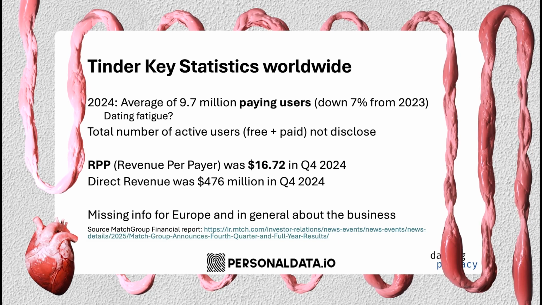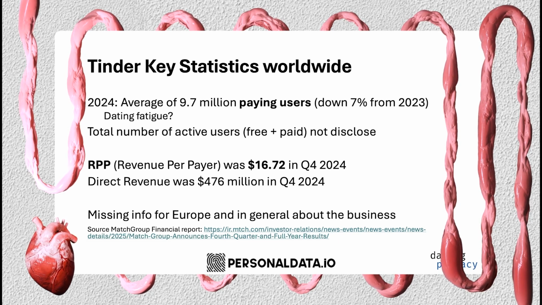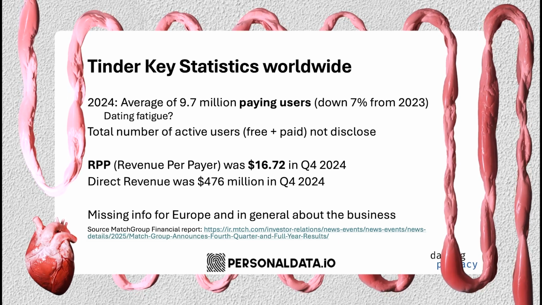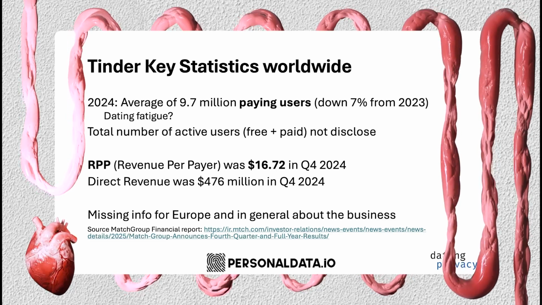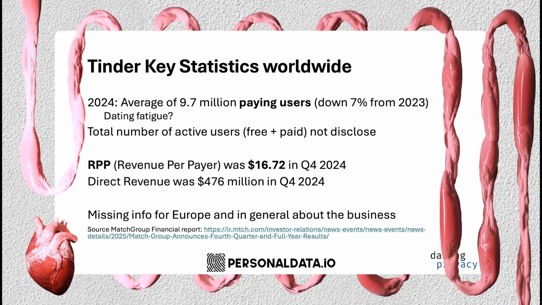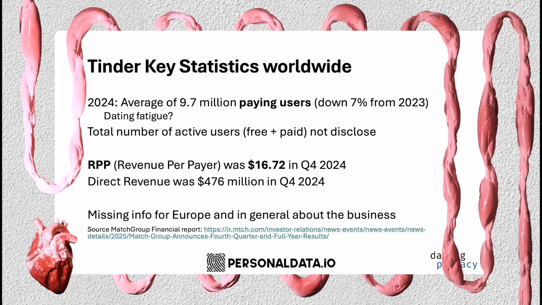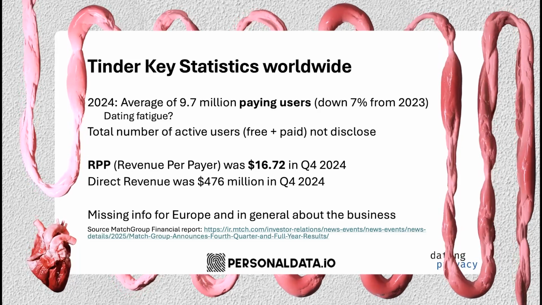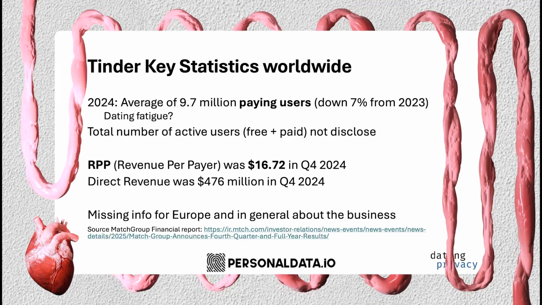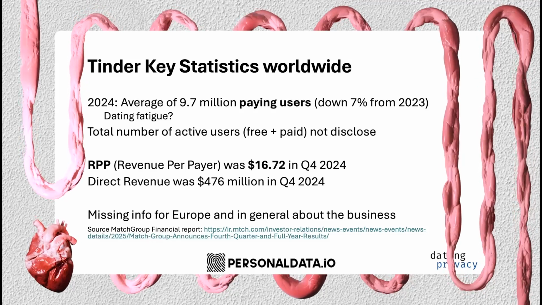We don't have the total number of active users. They don't say it. But they say that the revenue per payer is $16.70 in the last quarter of 2024. So basically, if you're a Tinder user and you pay for an account, this is what you make as profit for them.